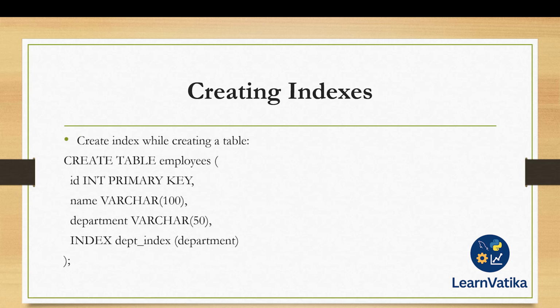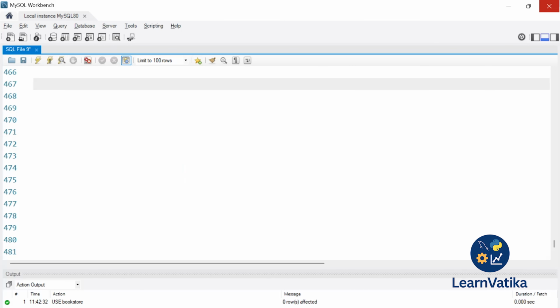Then, how to create an index. On the screen you can see the syntax, one of the ways to create the index while creating the table itself. We will create this index in MySQL Workbench.